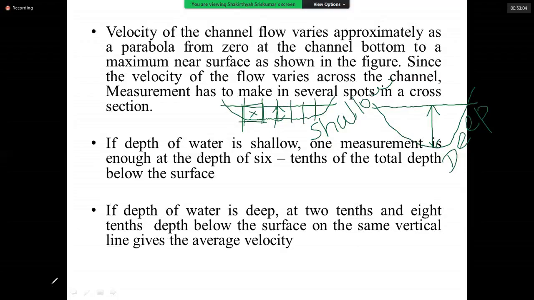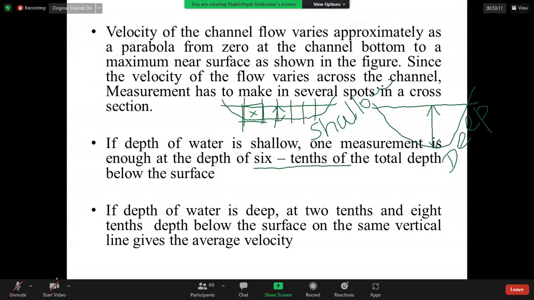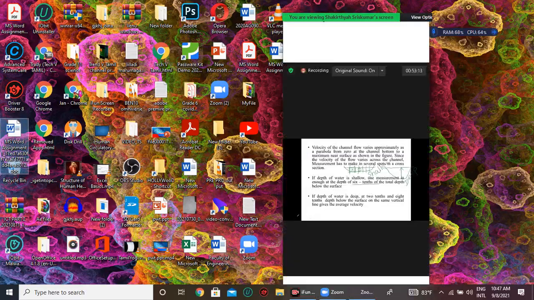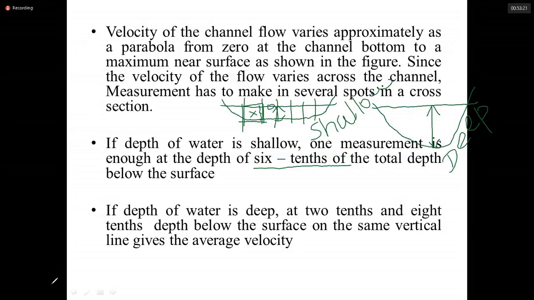So at that time, one measurement from where we discussed earlier: 6/10 of the total depth below the surface. So 0.6 times the depth from the surface. We can take 0.6d from the top.